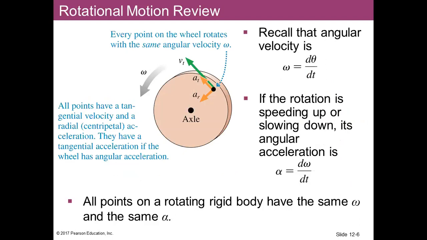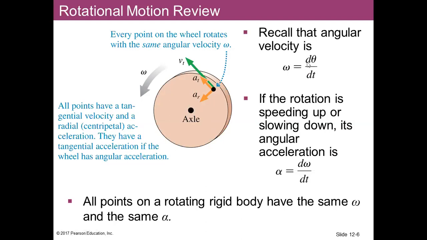Let's consider a wheel that is rotating about a point here, x1. All points have a tangential velocity and a radial acceleration, which is called centripetal acceleration. They have a tangential acceleration if the wheel has angular acceleration.